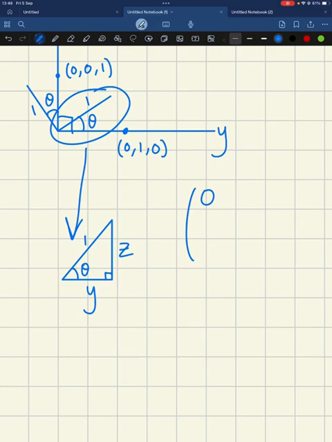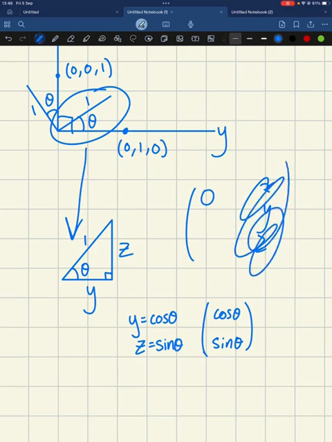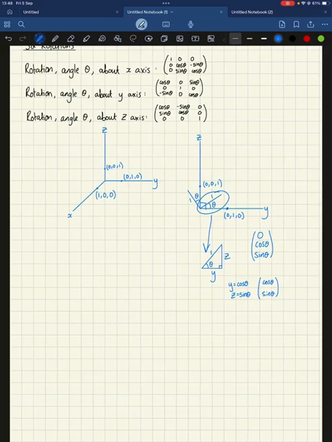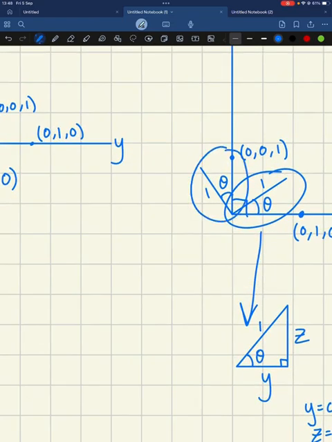So now we can use trigonometry, and we can say that the y is equal to the cosine of theta, and the z is equal to the sine of theta. Therefore, the vector for y, z will be cos theta, sine theta. And now putting this into x, y, z, we will get 0, cos theta, sine theta. Now let's look at this triangle over here.